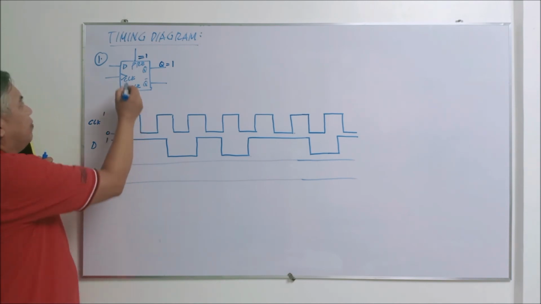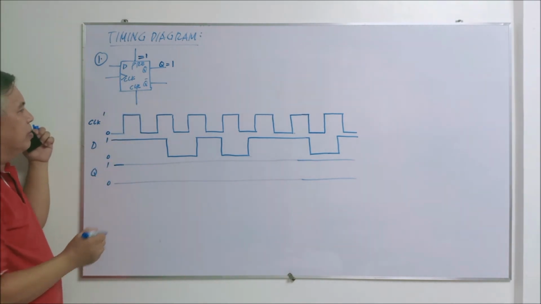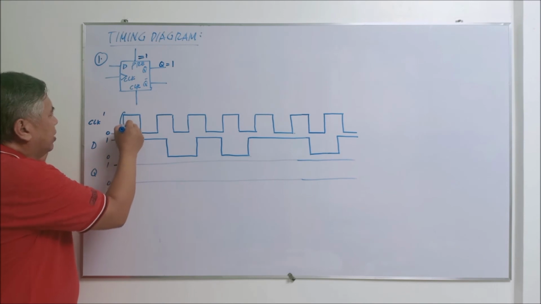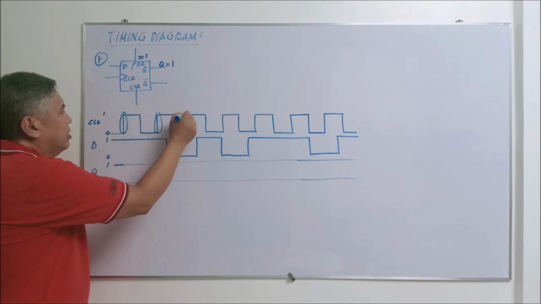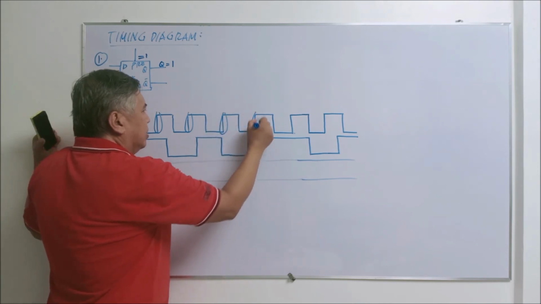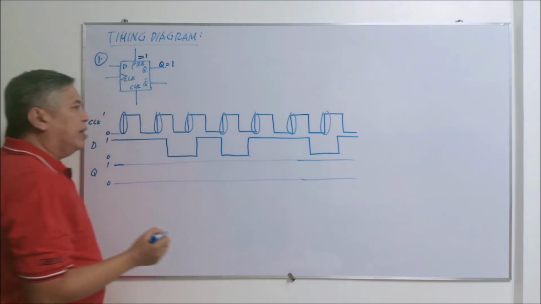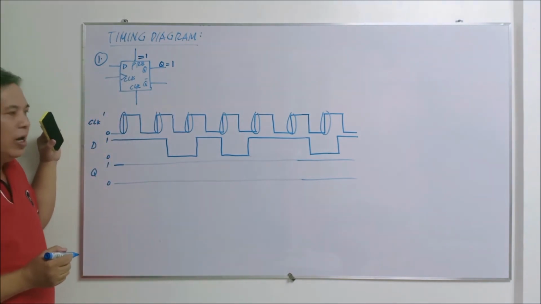And then we find the positive triggering of the clock. Where are the positive triggering of the clock? We have here this one, this one, this one, this one, this one. These are the positive edge of the clock.